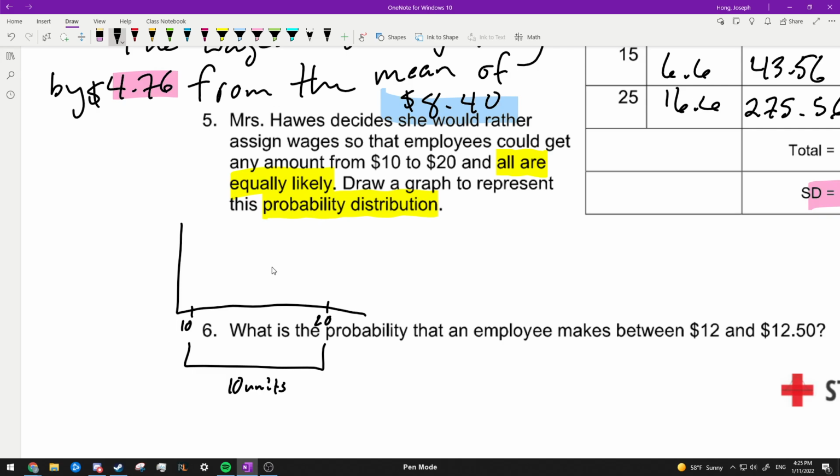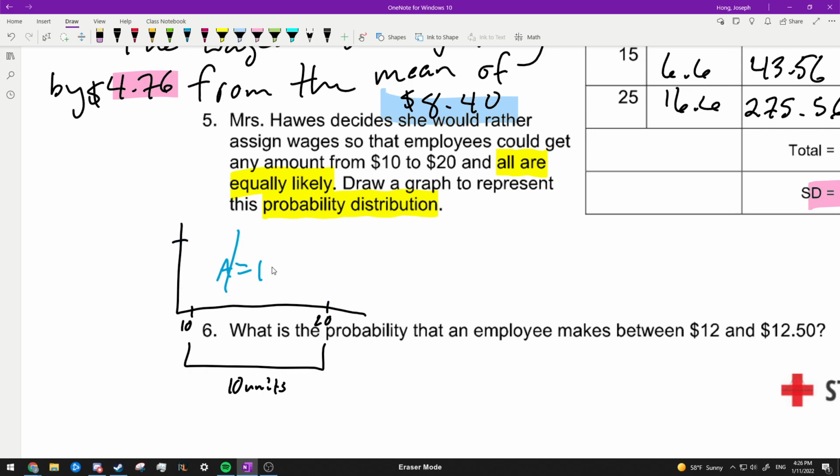So that's 10. And we learned this from an early unit, but if it's equally likely, that means the area of this box right here has to equal 1.